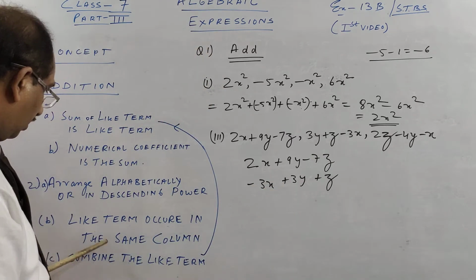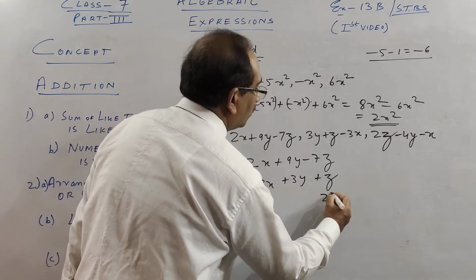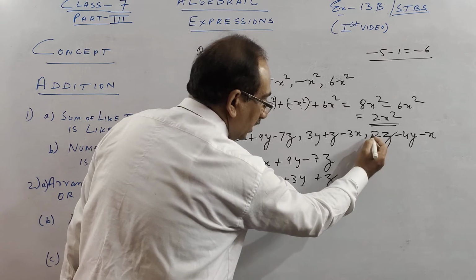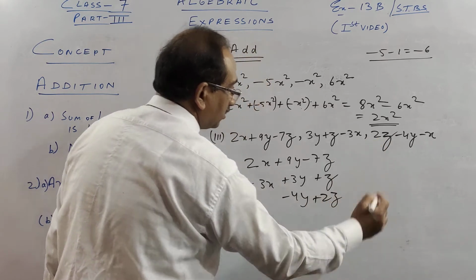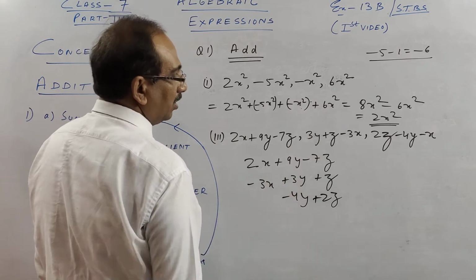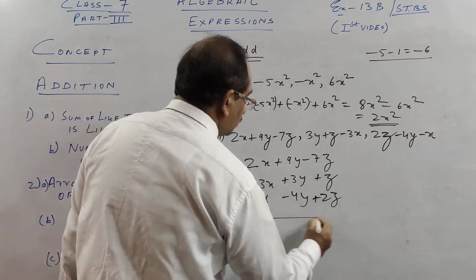This is what is called like terms occurring in the same column. See the last one, 2z minus 4y. If nothing is written, children, it means it is plus. Nothing before 3y means it is plus. And minus is written, minus 4y minus x. So we have to add this.